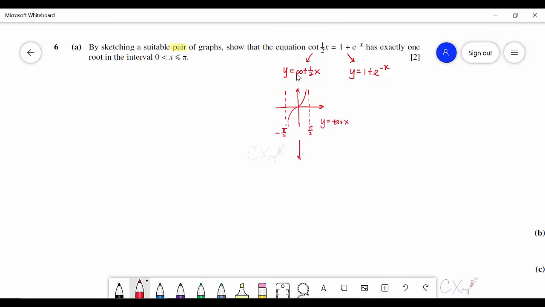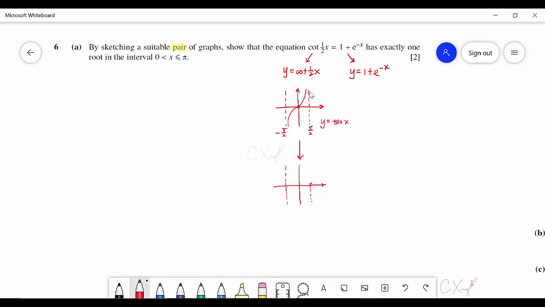When I want to sketch y equals cotangent x, cotangent x is 1 over tangent x, so the graphs are reciprocals of each other. When you have 0, you generally get infinity, and when you have infinity at the asymptote, it becomes 0. So the graph looks something like this for the reciprocal of the tangent graph, which is cotangent.